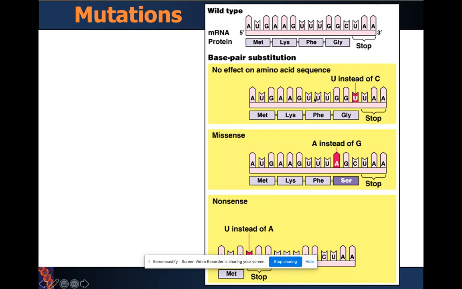I know it has a U here, but don't worry about that, just pretend it's a T. So what happens is that you can actually change the amino acid. Let me show you this one. See this Gly? It turned into a Ser. And that was because of a mutation. So mutations can change the protein that they code for.